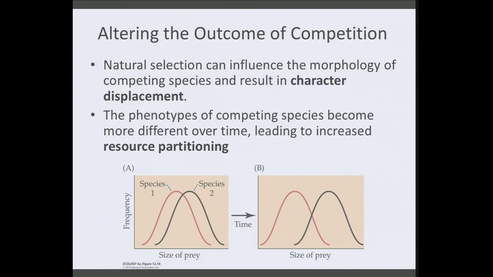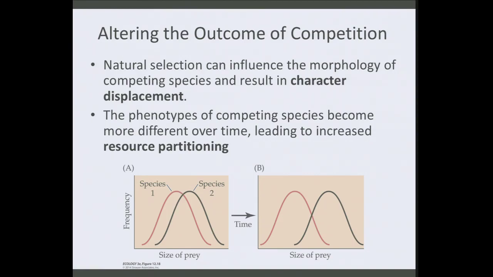Since competition is harmful, individuals that are feeding within that overlap are going to be harmed by that interaction, and that harm might actually lead to them having fewer offspring. So individuals at the extremes, so the lower end of species 1 and the higher end of species 2, are going to likely have more offspring.